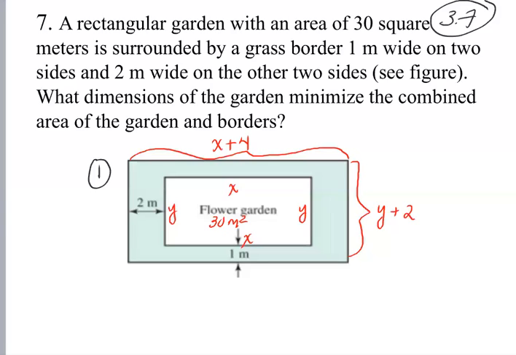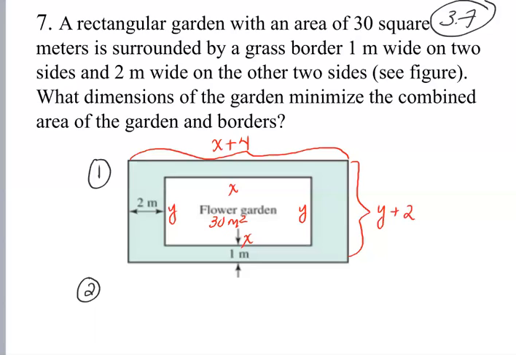Now that I have that, I'm going to move on to step 2. Step 2 is, can I figure out some equations? I need an equation for the quantity that I want to minimize, and I need a constraint. What do I know about this?